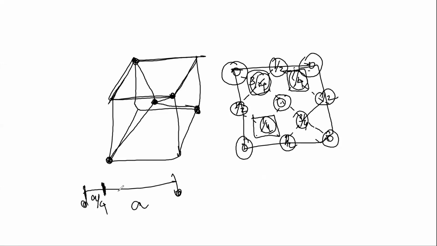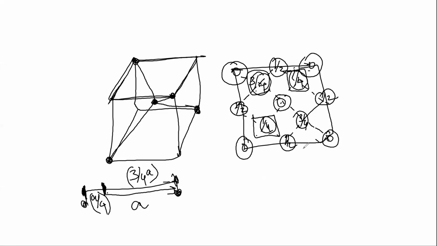So how much distance are you from this point? You are at 3/4 of A, right? Or else how much distance are you from this point? You are A by 4, right? Similarly here, when for one atom it is at 1/4, that means for the other atom it is at 3/4 distance. So that is the reason we have 3/4 and 1/4.